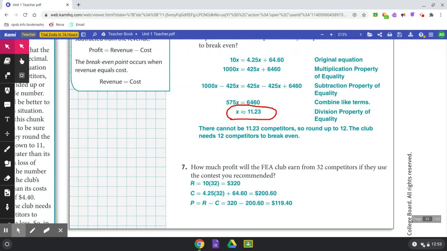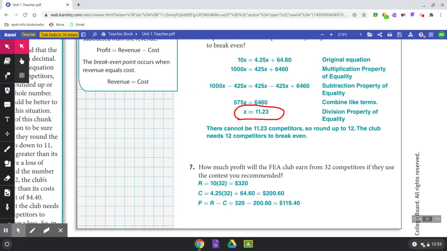So they earned $320. They brought in $320 from the competition. However, their cost, you have to subtract your cost out. How much did it cost you to put on that competition for 32 competitors? That's where the C is. So the revenue is how much they earned in ticket sales. Their cost is the expression that we wrote, the $4.25 per competitor plus the $64.60 fixed cost.